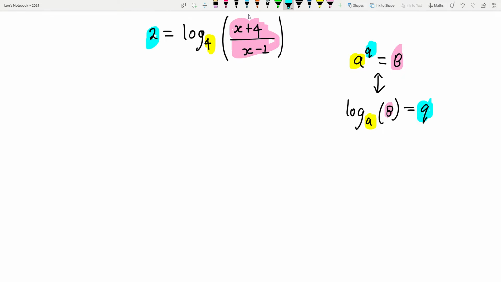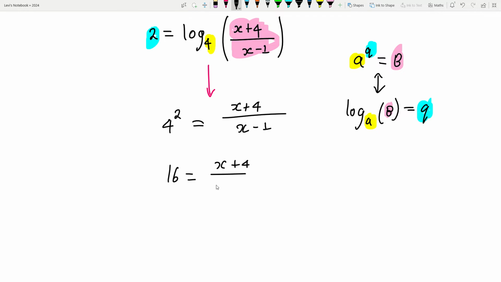So we can rewrite this as 4 to the power of 2 equaling x plus 4 all over x minus 1. 4 squared is 16, so we have 16 equals x plus 4 over x minus 1.